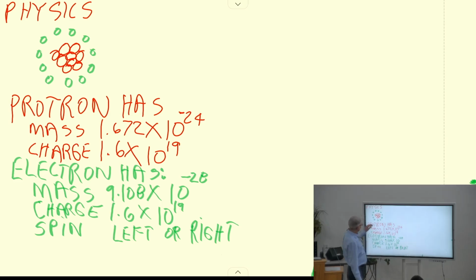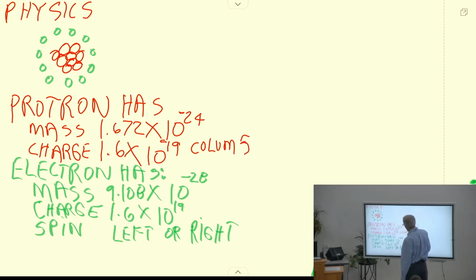The proton has a positive charge of 1.6 times 10 to the negative 19th coulombs. You don't need to memorize that. The coulomb is a measurement of electric charge.